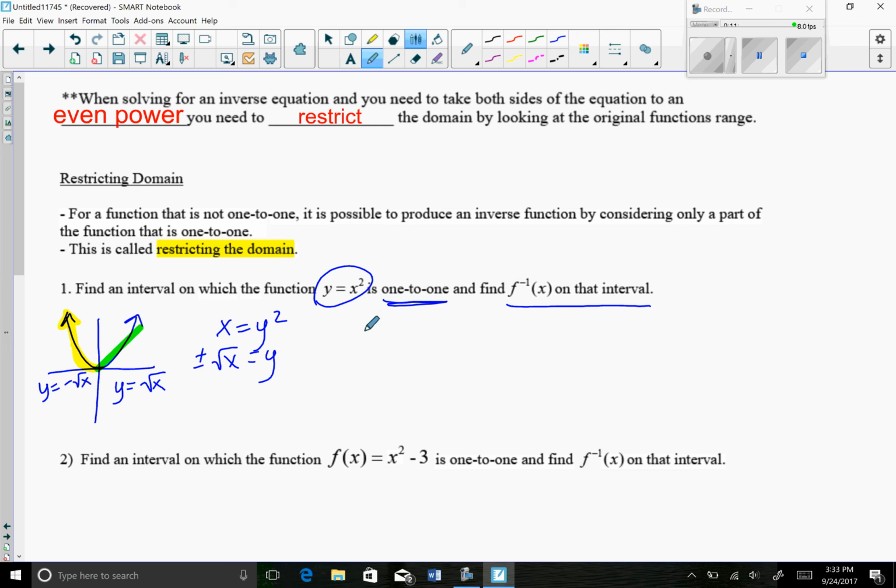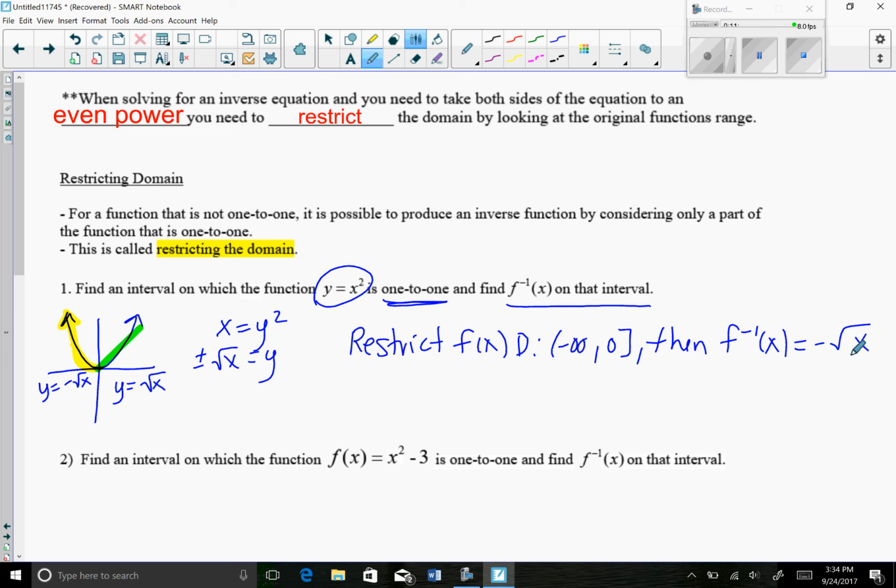So if I'm writing this out, I would say restrict f of x's domain to negative infinity to 0 bracket, then our inverse, f inverse of x, would be equal to what we just said, the negative square root of x. So that's one possible answer.